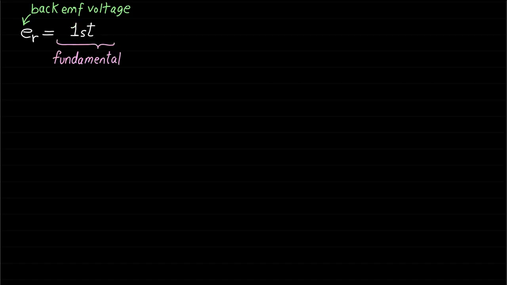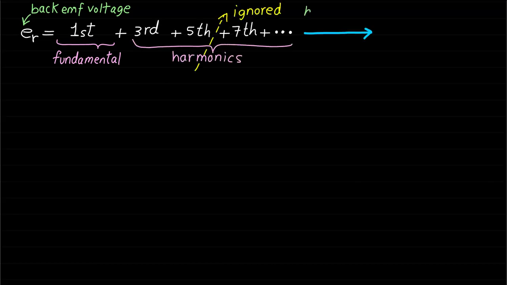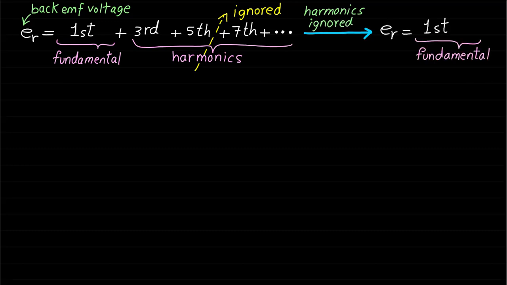The armature back EMF induced voltage ER generated from the rotor rotating magnetic field usually consists of the first component, or the fundamental component, plus harmonic components. However, we initially ignored the harmonic components to simplify the analysis.